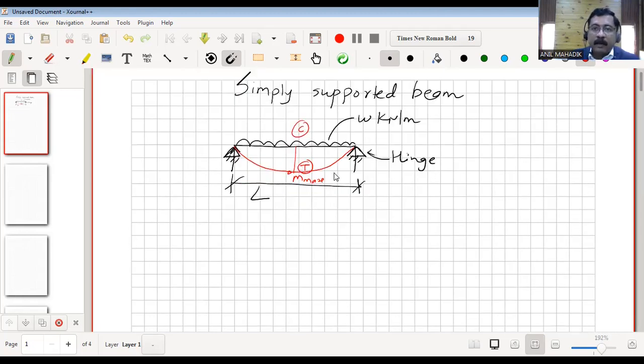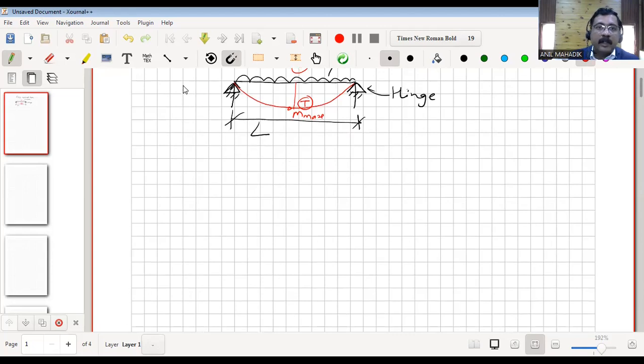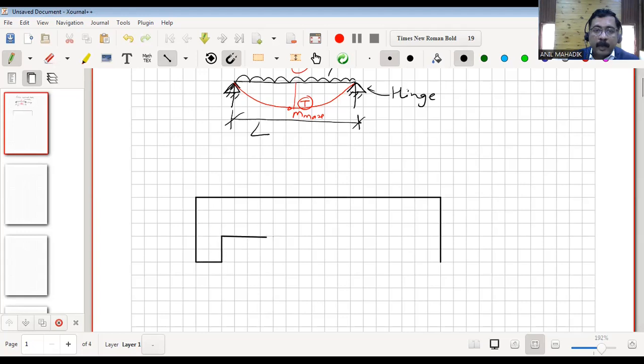Generally in buildings, if we support beams on beams, we design them as simply supported. For example, I will discuss this. Let's say this is a beam, and the beam is supported on the beam.